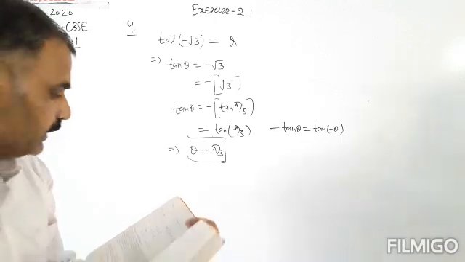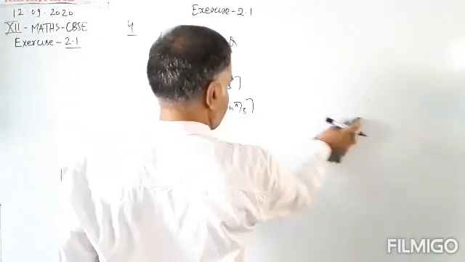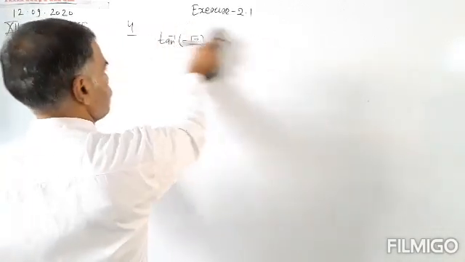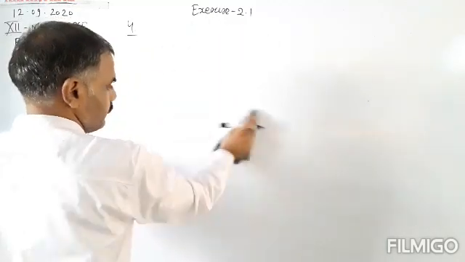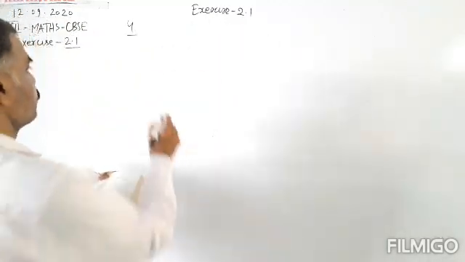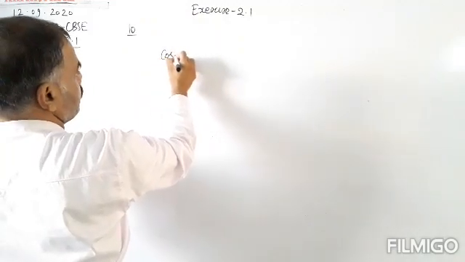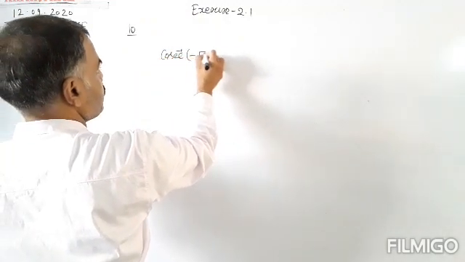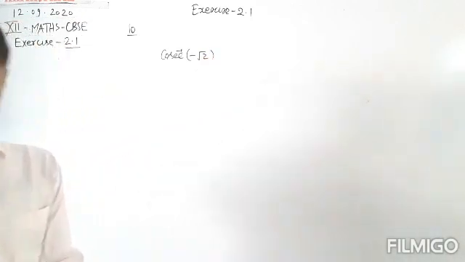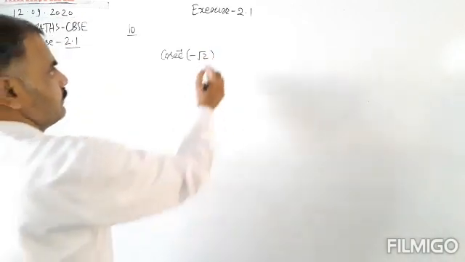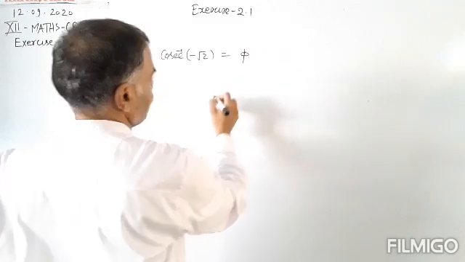Question number 10 is cosec inverse minus under root 2. Let this be equal to phi.